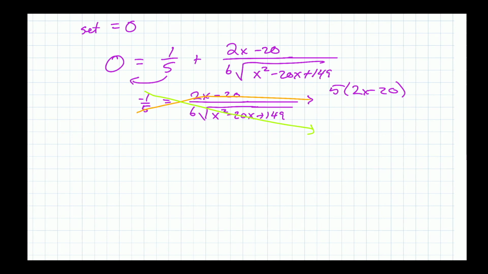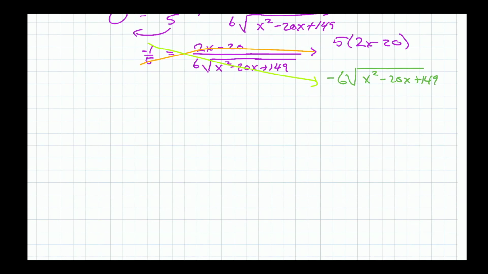So you have negative 1 times 6 square root of (x squared minus 20x plus 149). So set those equal to each other. So I get 5(2x minus 20) equals negative 6 square root of (x squared minus 20x plus 149).